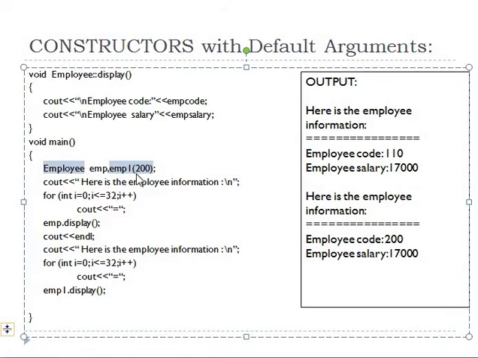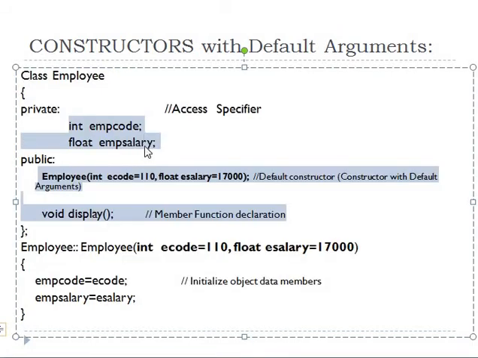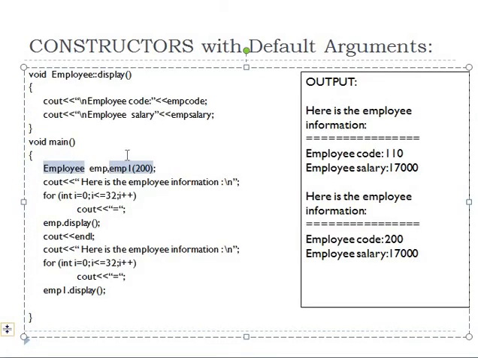Now as soon as this object gets created, these data members and these member functions shall be bound to this particular object identified by the name emp1 and then form an encapsulation around this object.